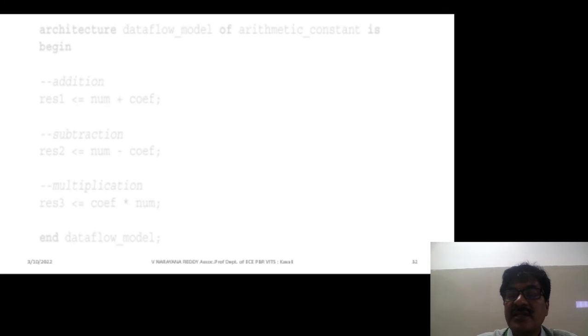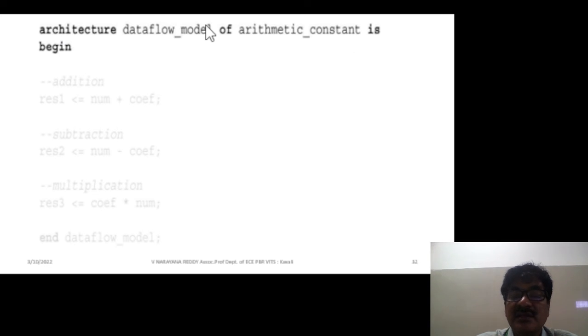So after that we have the architecture body. Actually the architecture body represents the internal logic. So let us observe what will happen in this digital circuit. As per the syntax, the architecture starts with the word architecture, name, of, entity name, is.